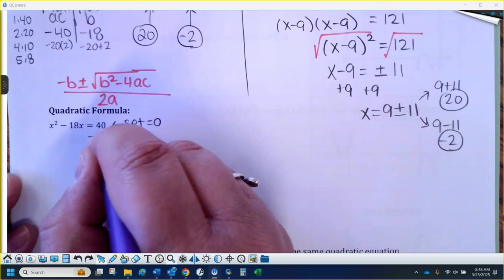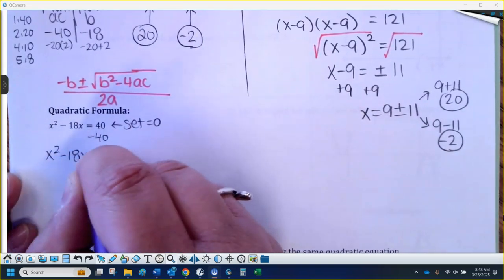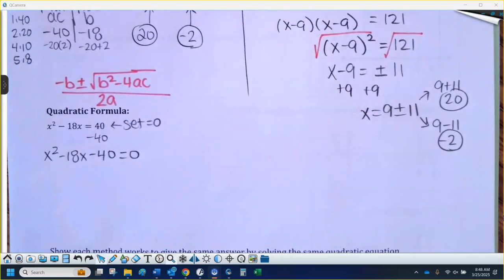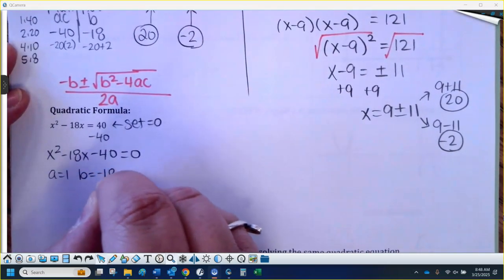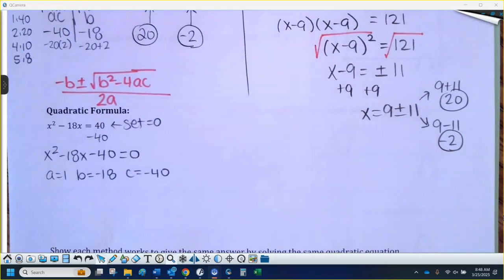So we were practicing that a bunch yesterday. So this is x squared minus 18x minus 40 equals 0. If all the terms had something in common, then maybe we could reduce, but we don't here. So I'm just going to go ahead and write my a, b, and c values. A is 1, b is negative 18, c is negative 40.